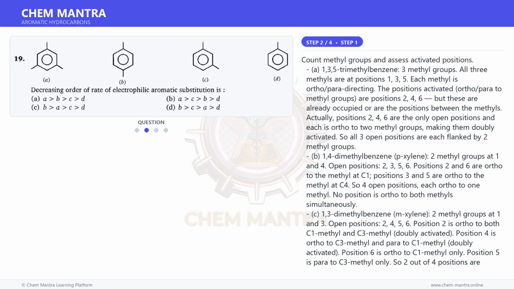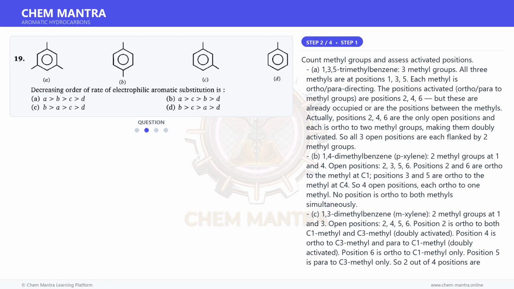The positions activated, ortho-para to methyl groups, are positions 2, 4, 6, but these are already occupied or are the positions between the methyls. Actually, positions 2, 4, 6 are the only open positions and each is ortho to 2 methyl groups, making them doubly activated. So all 3 open positions are each flanked by 2 methyl groups.